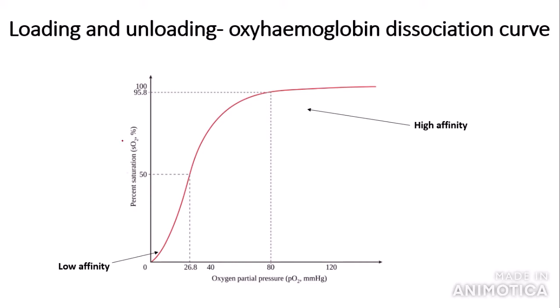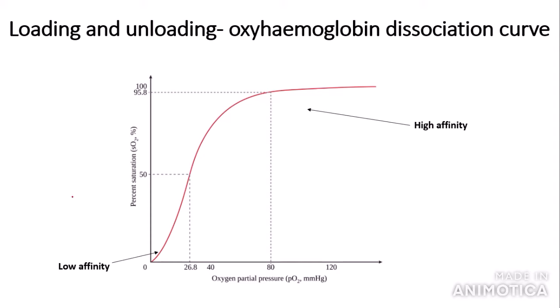So now I'm going to explain why the curve is S-shaped. So at the start here, it's kind of a slow start, a slow gradient or a low gradient. This is because there is a low partial pressure, so there's a low affinity. But as you can see, the gradient rapidly increases and the curve becomes more steep.